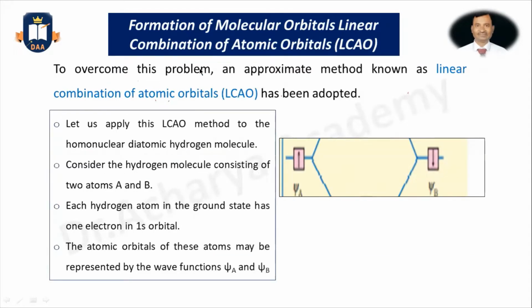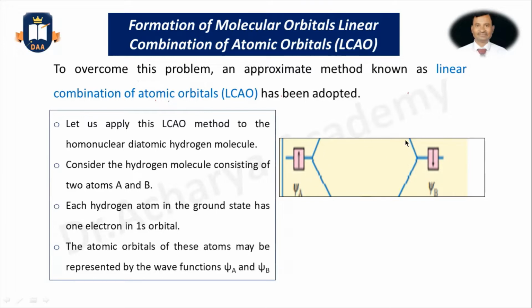To overcome this problem, a new concept was adopted, which is called the linear combination of atomic orbitals to form molecular orbitals. Let us apply this method to the homonuclear diatomic hydrogen molecule.